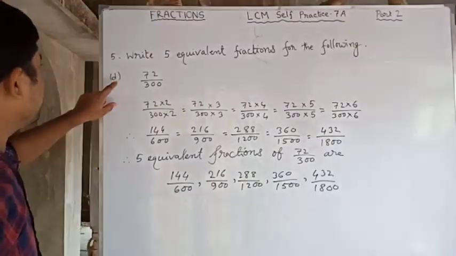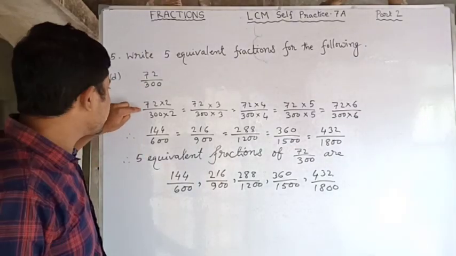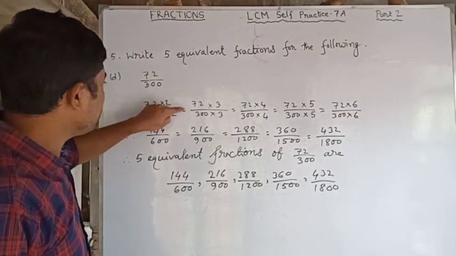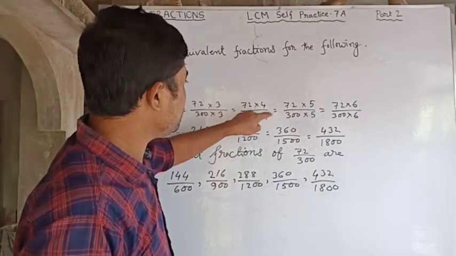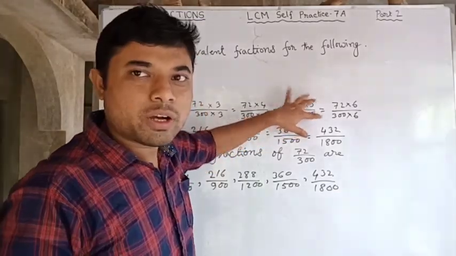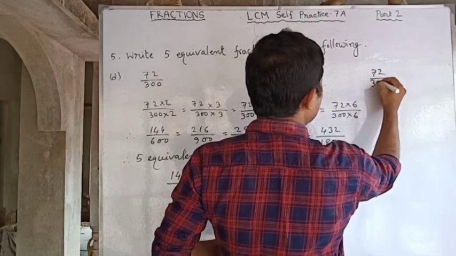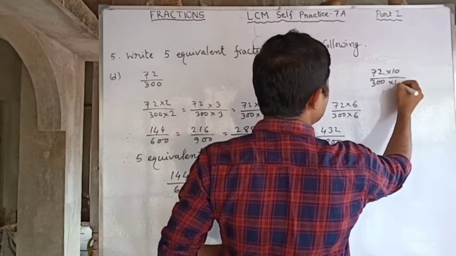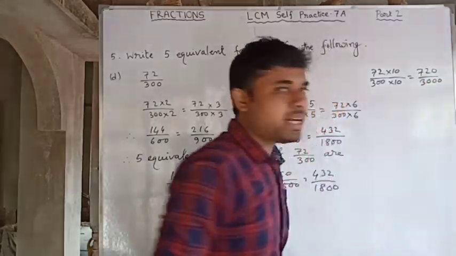Next, D, 72/300. Same method. 72/300 into 2 by 2, 72/300 into 3 by 3, 72/300 into 4 by 4. First write the fraction, then choose the same number. You can take 72/300 into 10 by 10, so 720/3000.